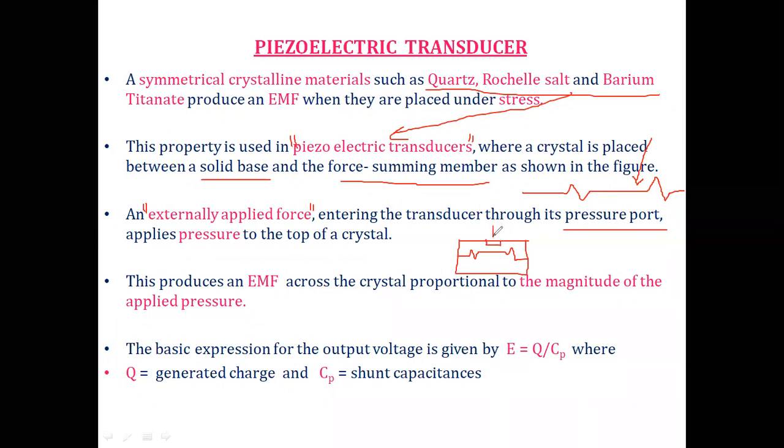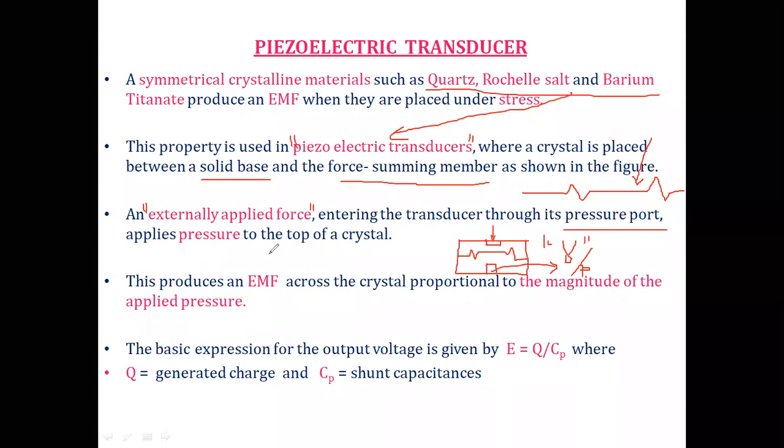Upon this, some pressure is applied, and some force is exerted upon the force summing member. Variations take place upon this crystal, and it gives some output voltage. This is a small diagram. We will see the actual diagram.